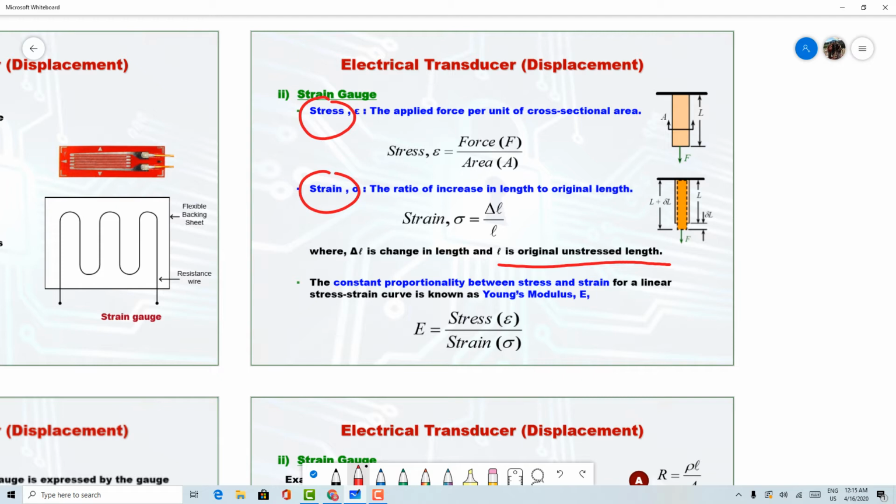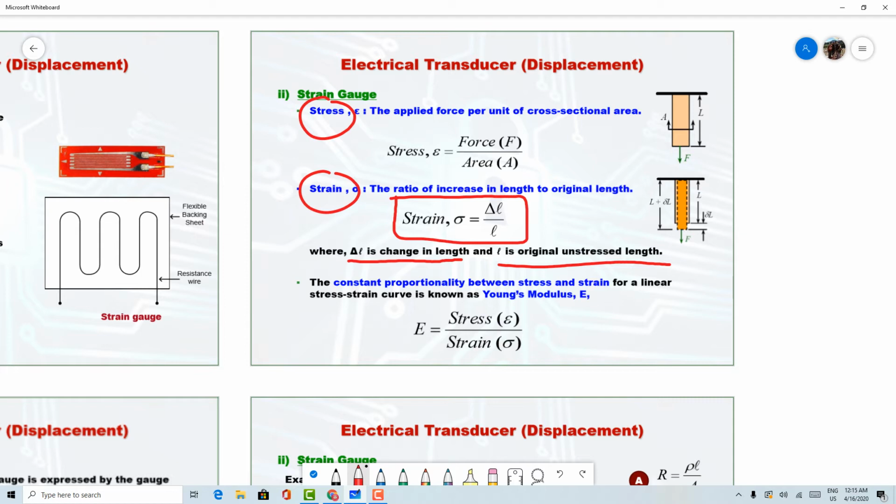When we apply force, there will be an effect on the length, which we label delta L. So the strain is equal to delta L, the change in length, over L, the original unstressed length.